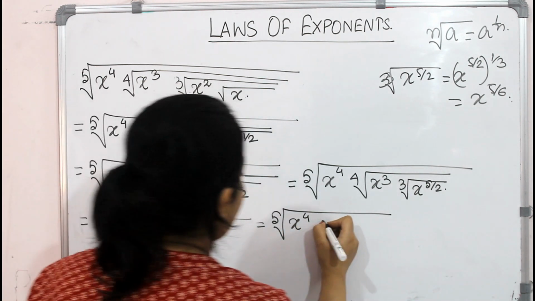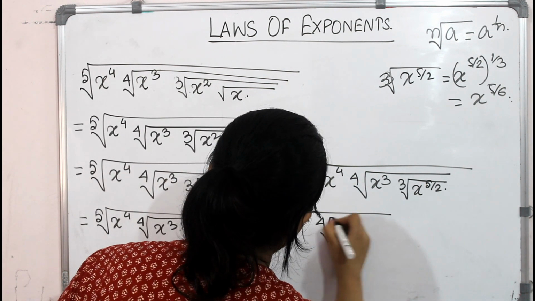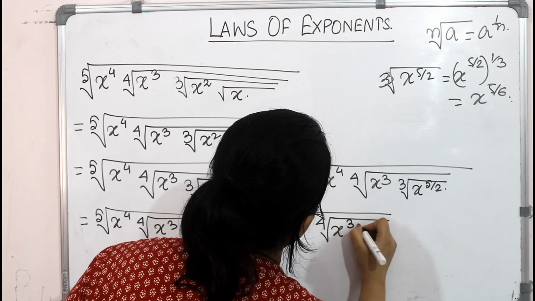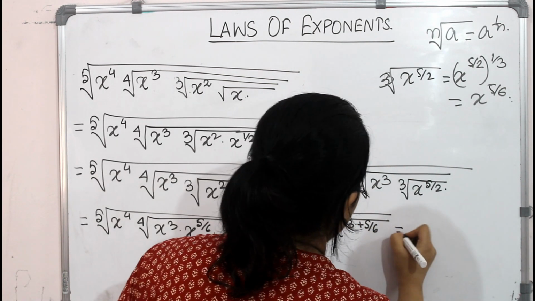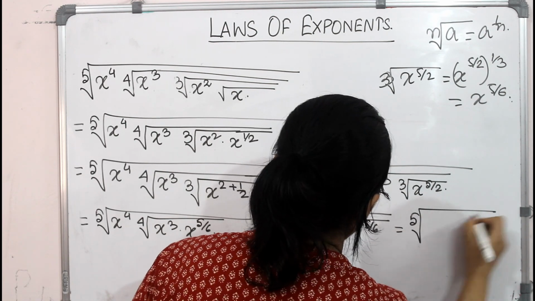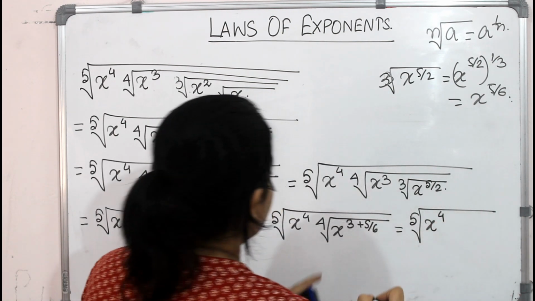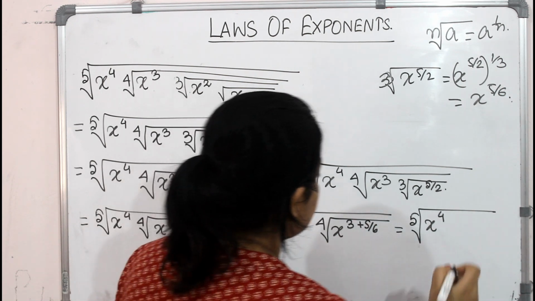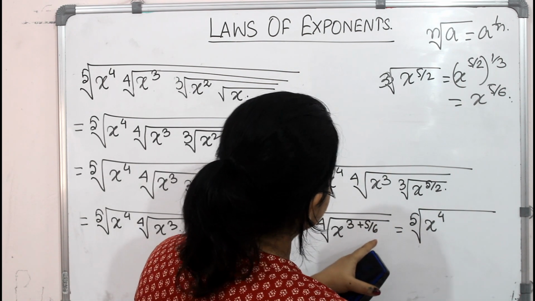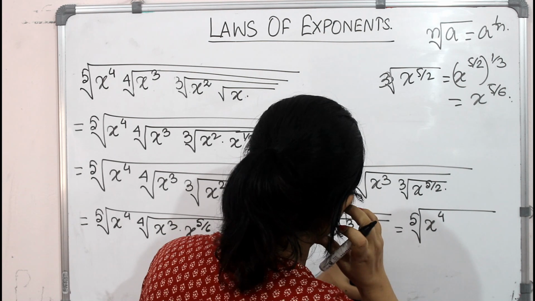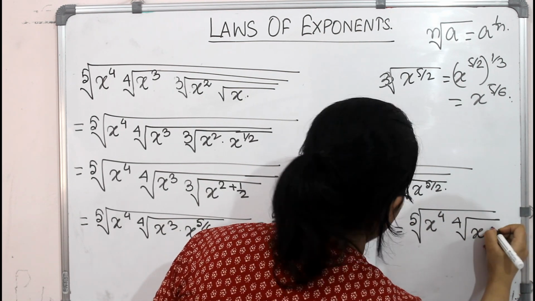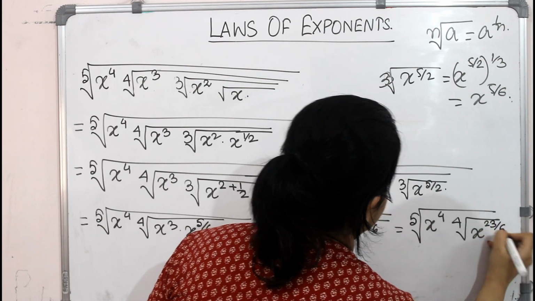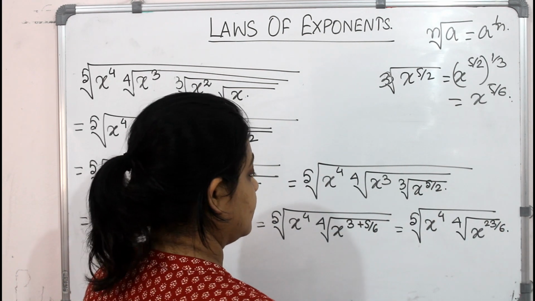Then this is the fourth root, again we will write here, and this we will just add the powers. So here you are getting fifth root of x to the power of 4. Now this x to the power of 3 plus 5 by 6, I am not showing you the calculations. It will be x to the power of 23 by 6. Okay, you do it by yourself.